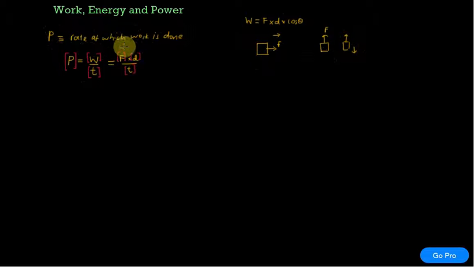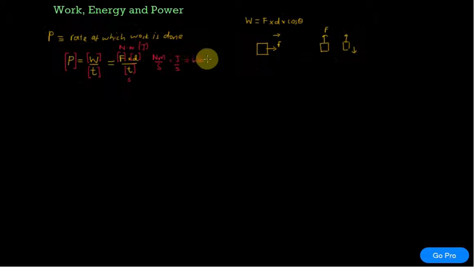So that's going to be newton meters, where distance is measured in meters, force is measured in newtons, and time is measured in seconds. So that's newton meters per second. But remember, newton meters we also defined as a joule, so that is equivalent to joules per second, and that has a specific name called a watt.